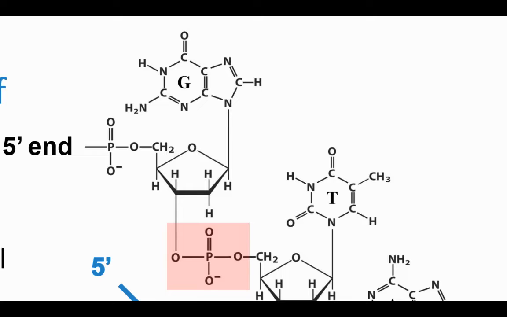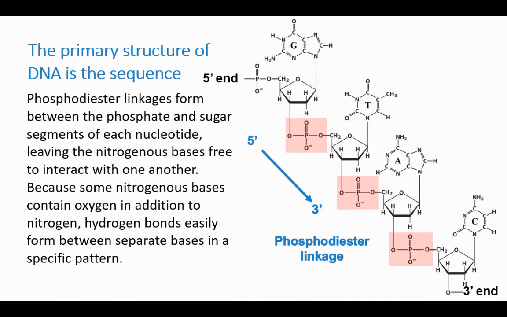Now inside the cells, nucleic acid synthesis occurs by forming new phosphodiester linkages at the 3' end of the growing polymer. So that is its movement. Since it's forming a phosphodiester linkage between the phosphate and the sugar molecule, it allows the bases to be exposed to bond with other bases.